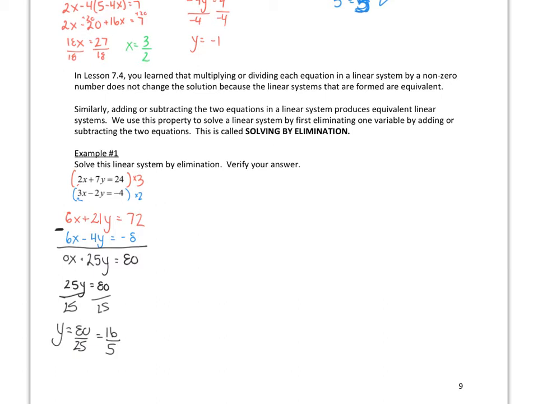Again, we may have made an error in multiplying this through. And this is a nice equation. There's no fractions, so I'm not worried about my math here. I'm going to use my first equation, not my multiplied one, just to make sure that if I've made an error in multiplying here, I don't continue it. So 2x plus 7y equals 24 is what I'm going to sub into.